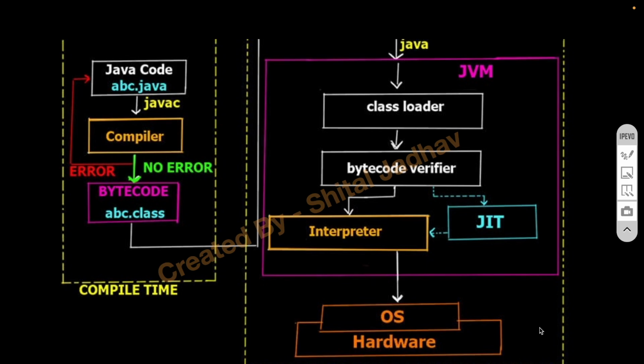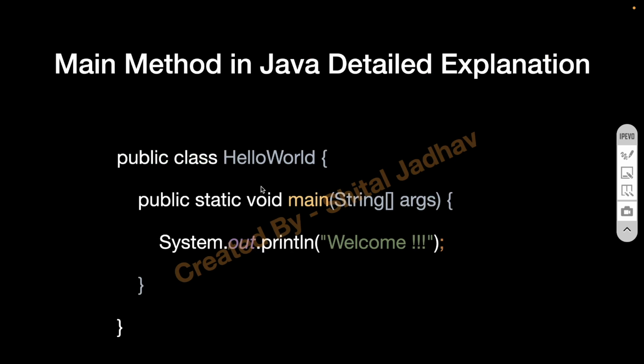Now the next thing, the main method in Java. Let's understand how important this main method is. If you want to execute any Java file or any program in Java, then the main method is mandatory. You need to write the main method so that the program will get executed, because whenever you write any code, the JVM will first check for the main method.